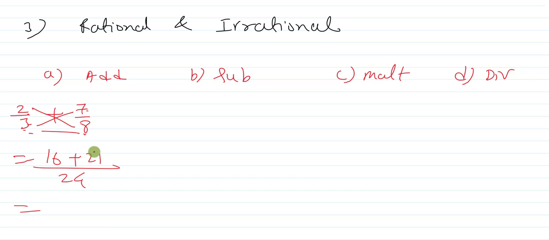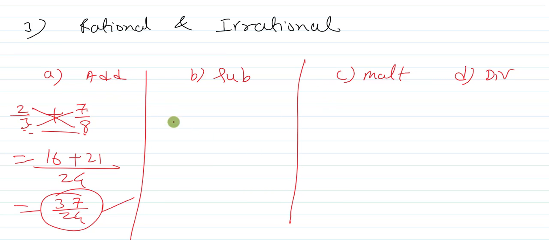So the answer will be 37 upon 24. This is also a rational number. That means if we add two rational numbers, their addition will also be a rational number. So just memorize this.